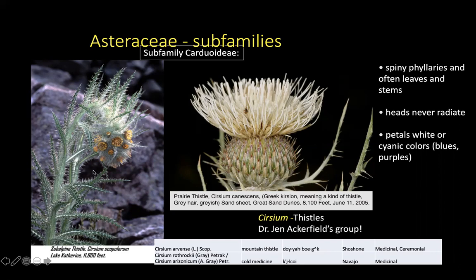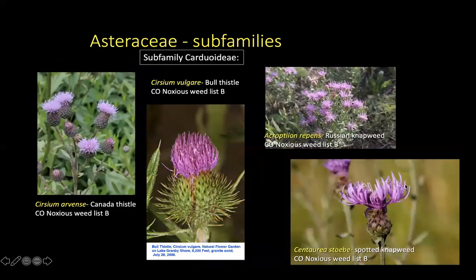Not all thistles are bad, and even the quote unquote bad thistles, I'll show you Cirsium arvense here in a minute, have uses by indigenous communities, right? So there are many good thistles, and you really should learn how to identify them, especially if you want to do any kind of weed work or rare plant conservation.